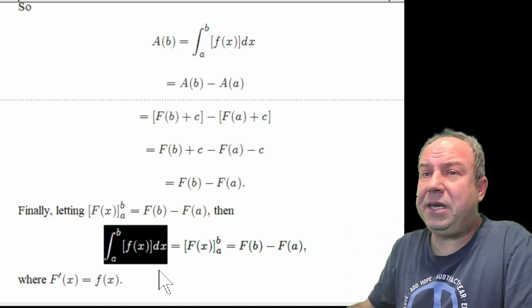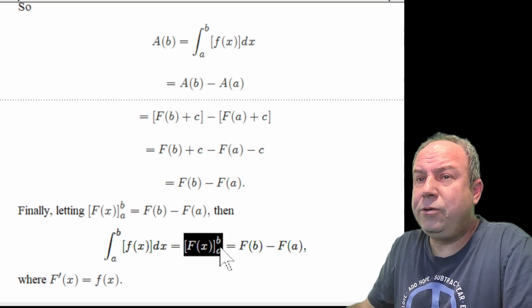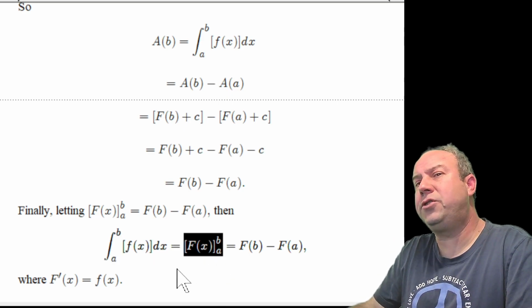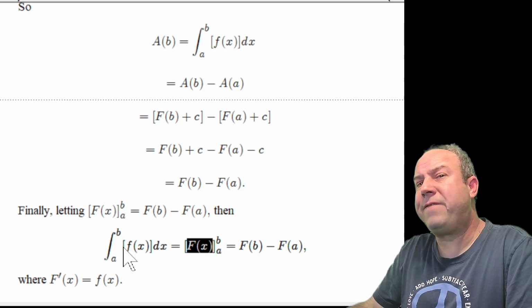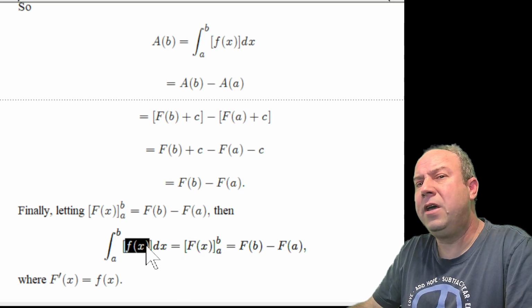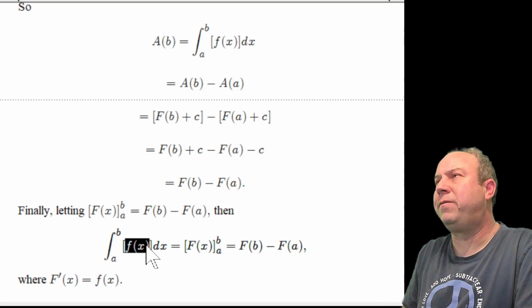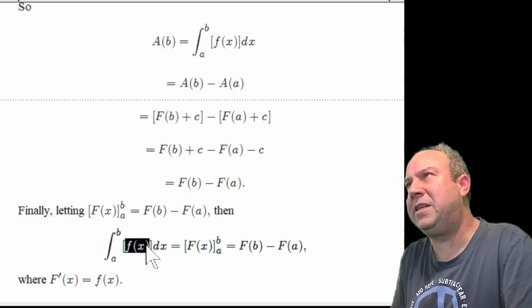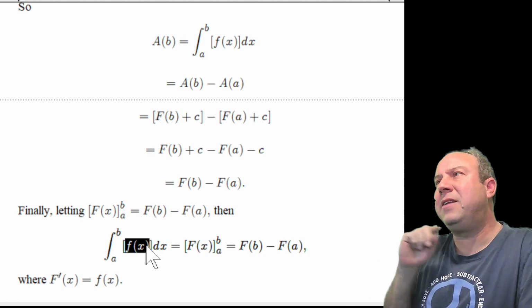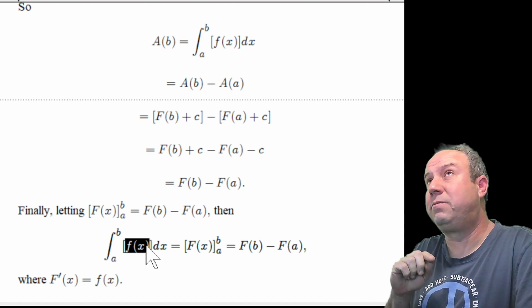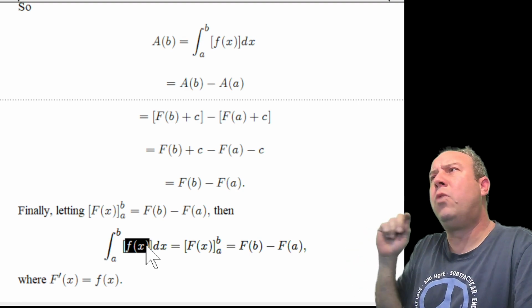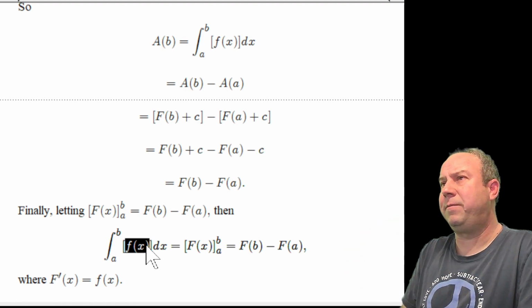can actually be calculated using the antiderivative function cap F at x, finding its antiderivative using the formulas that we learned back at the end of our study of the application of derivatives, when we introduced the antiderivative.